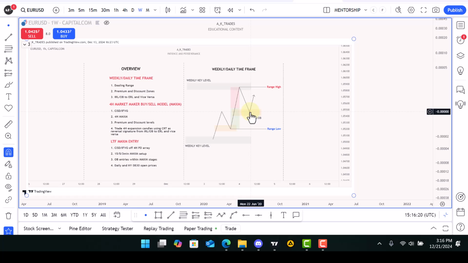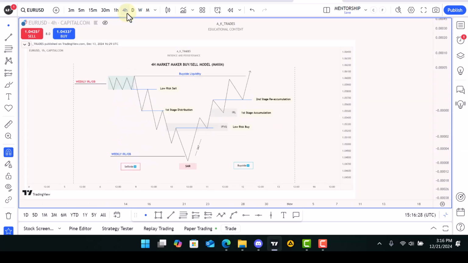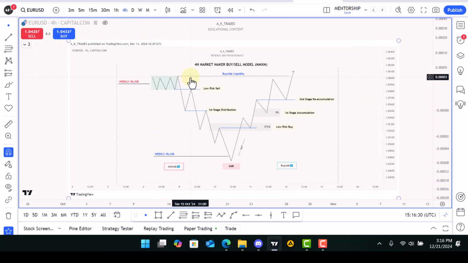So immediately price comes to this zone, I hop onto my 4-hour chart. Just as we went through in the overview, from the weekly chart I go onto my 4-hour chart, and on the 4-hour chart, I am looking to set up a market maker buy or sell model. The market maker buy or sell model is one of the things ICT teaches a lot.